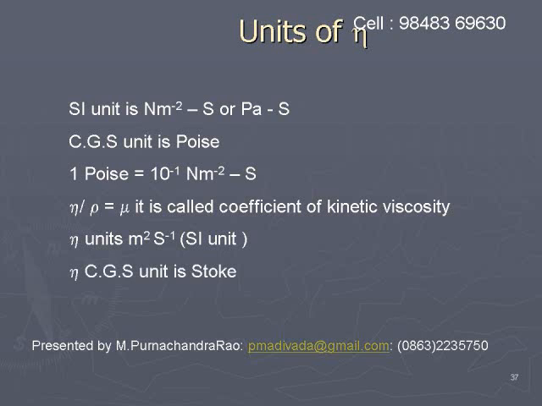Mu is measured with the unit meter square per second in the SI system, and it is measured in Stokes in the CGS system. One Stokes is equal to 10 to the power of minus 4 meter square per second.